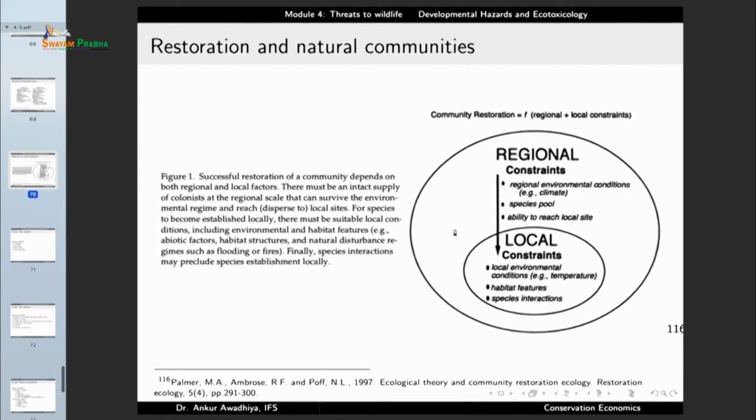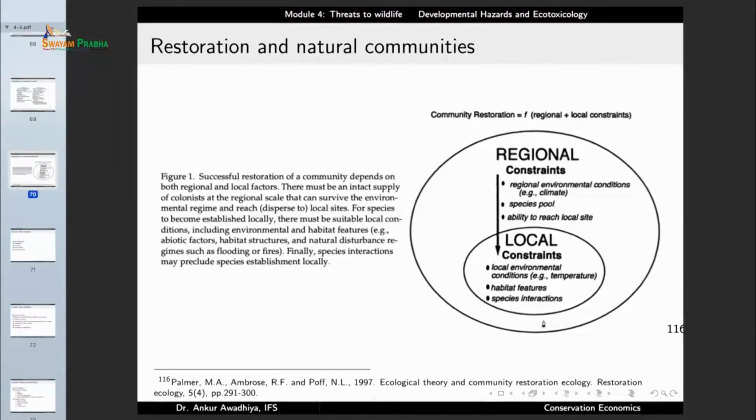Now it is important to keep in mind that the restoration has certain constraints. As we have seen before, there are always trade-offs, and in the case of restoration, we need to keep in mind the regional constraints and the local constraints. So, for instance, in certain cases, it may not be possible to bring the system back to its original state.